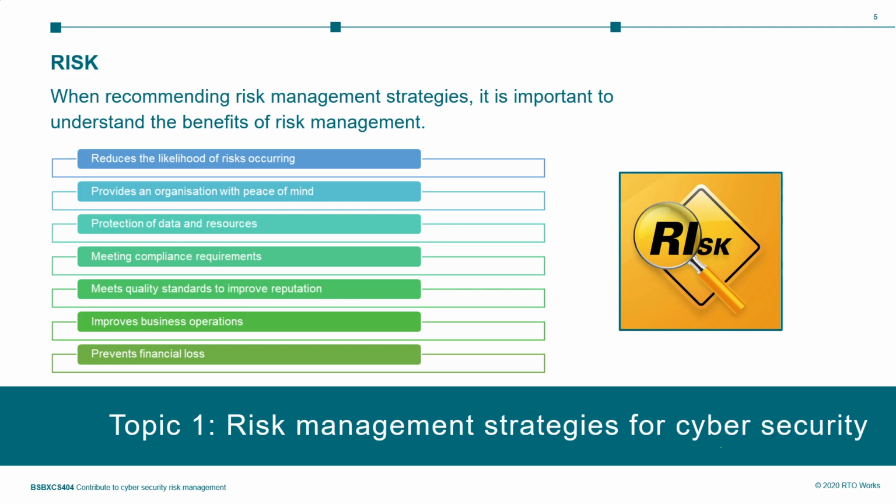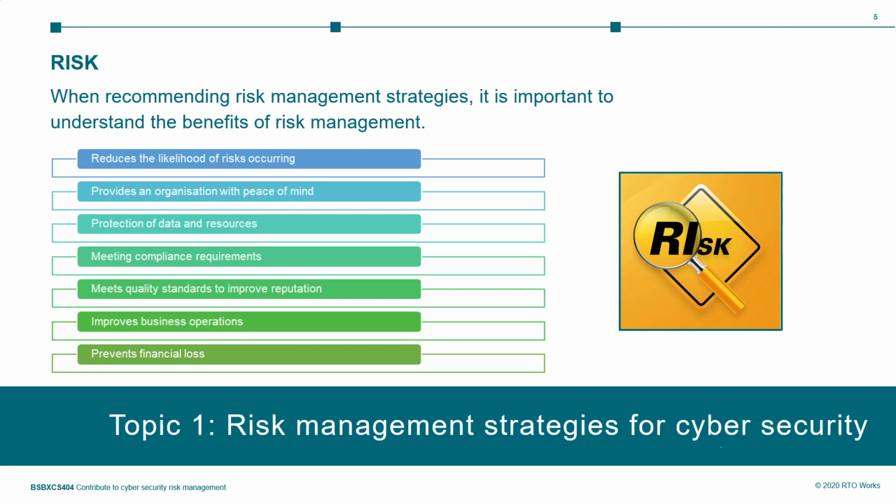Peace of mind within the organisation, in other words, how much is your reputation going to suffer? We need to protect all our resources. That includes data and physical devices. We need to meet all of our requirements for compliance.